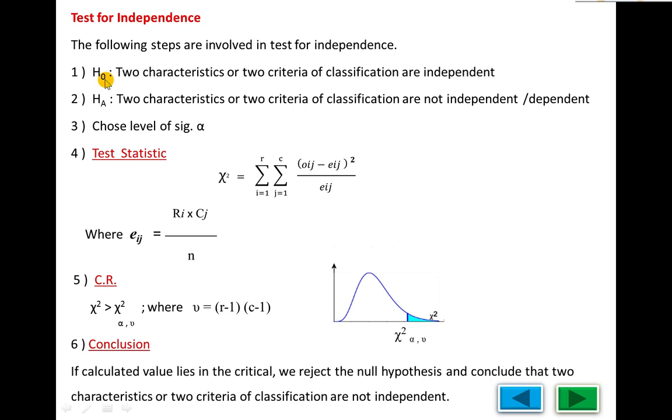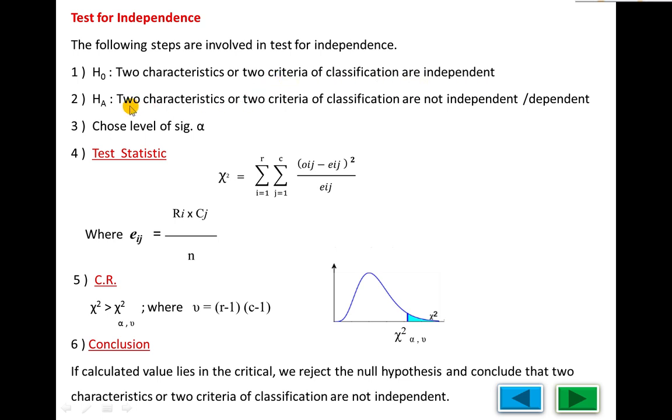The null hypothesis states that the two characteristics or two criteria of classification are independent. This is the general statement, but we will write according to the data or question. Suppose you have two variables, qualification and types of job. The null hypothesis will be that educational qualification and jobs are independent.